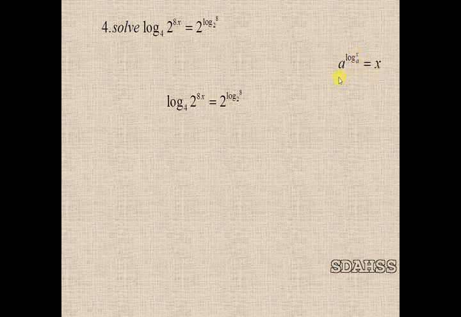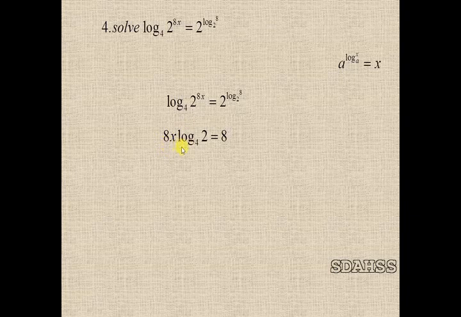Similarly, you have to use 2 power log 8 base 2, which becomes 8. Then this power 8x comes in front of the logarithm.